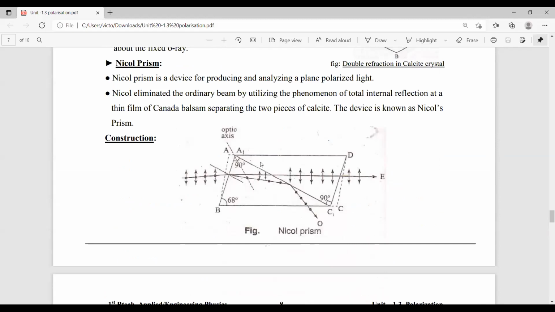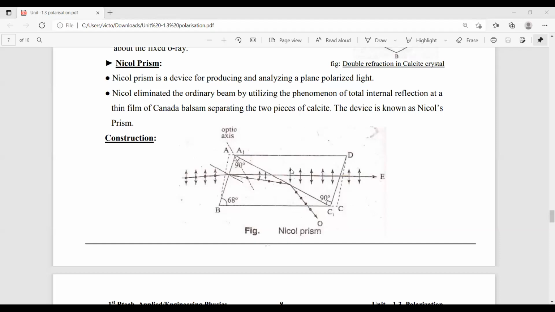So why is the Nicol prism different as compared with the double refraction in a calcite crystal? The construction is different. Here, this is the construction of the Nicol prism. A, B, C, D is the actual plane of the principal section.